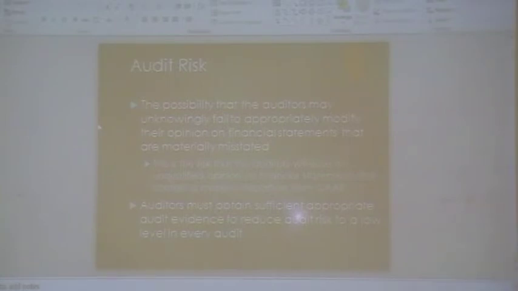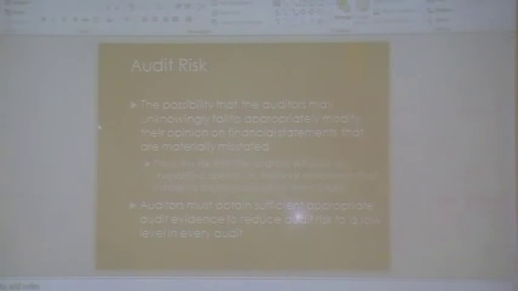Okay, so you've got your audit risk on top, then inherent risk, control risk, and detection risk. Detection risk applies to your auditor: it is the risk that substantive procedures do not detect a material misstatement in an account balance or class of transaction, and this applies individually or when aggregated.